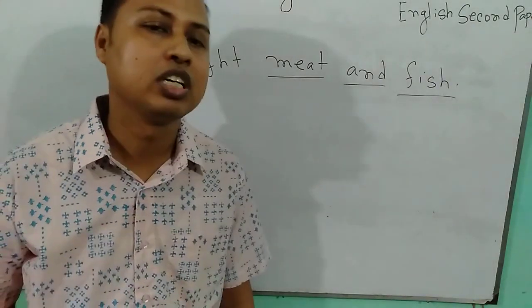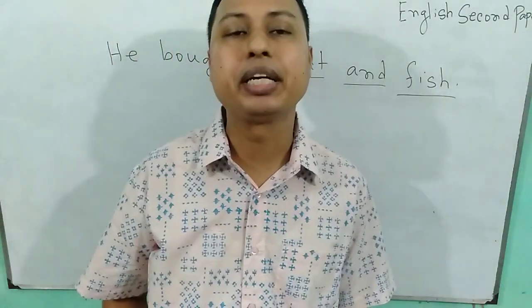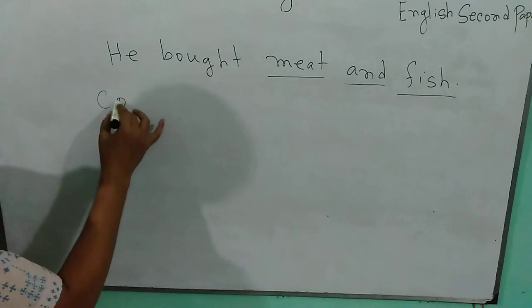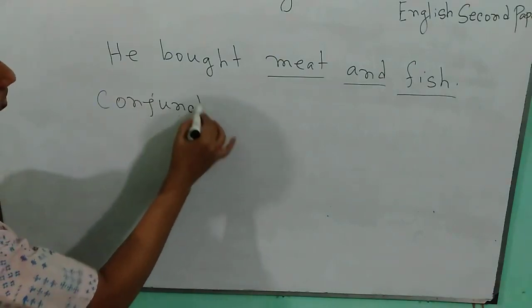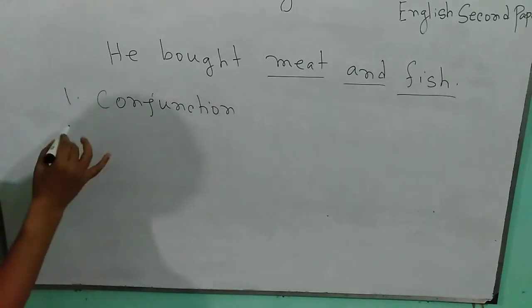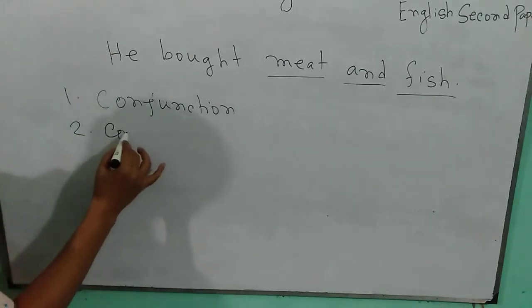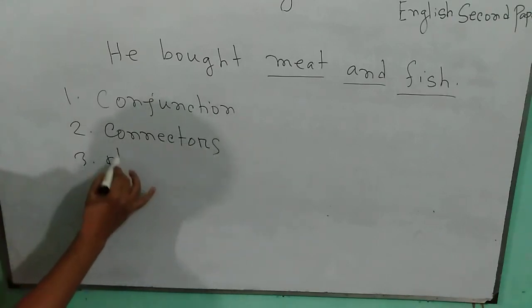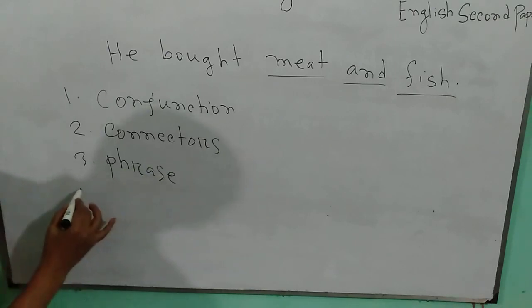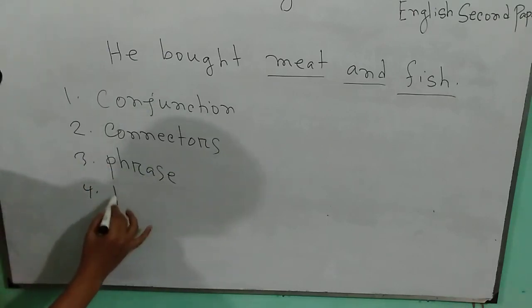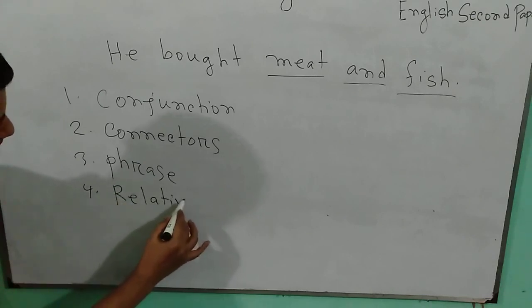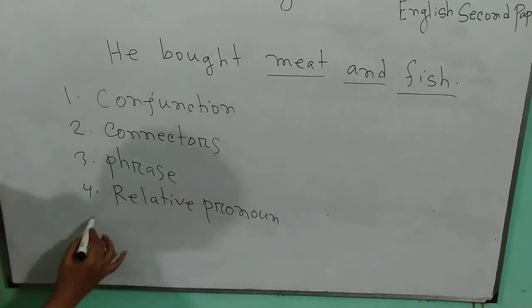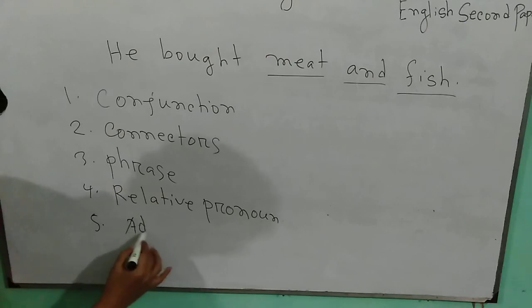In general, 5 kinds of words are used as linking words. They are like conjunction, number 1; connectors, number 2; phrase, number 3; relative pronoun, number 4; adverb, number 5.